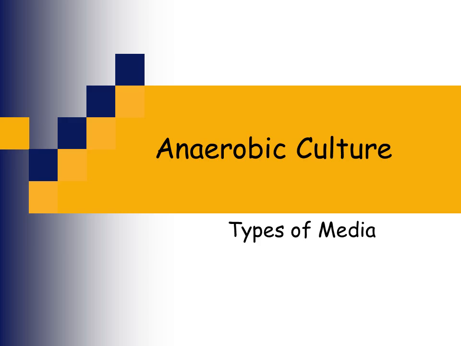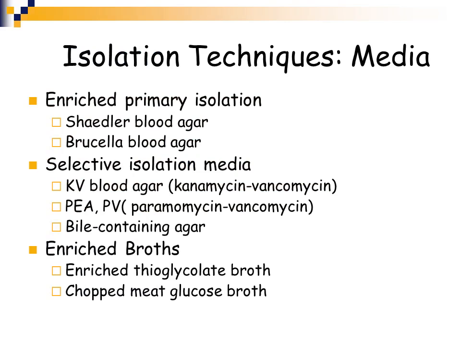Now, doing anaerobic cultures, you're going to use very specific types of media, which we'll talk about now. So in order to isolate an anaerobe, you want to use an enriched media for primary isolation, just like you would for any type of clinical specimen.